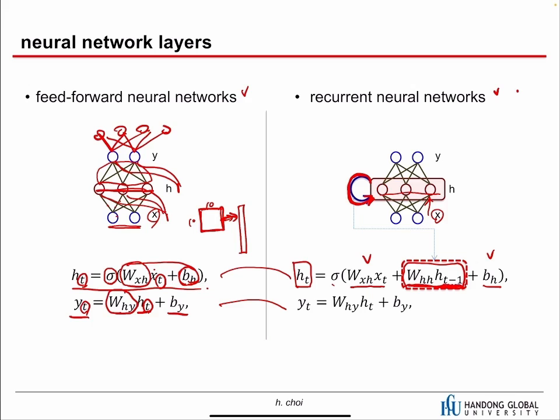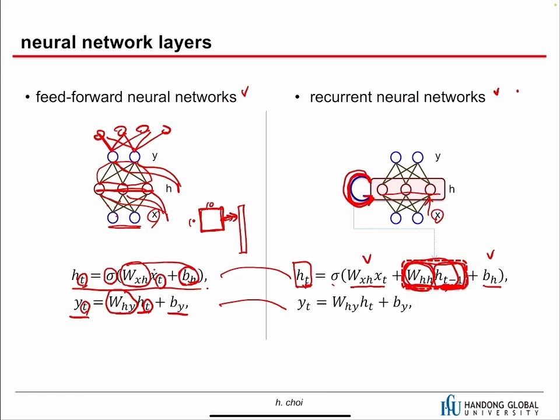So by this t minus 1, t means something. Again, by this term, now the recurrent neural network can have a memory. By definition, this W sub HH is a square matrix because we have the same dimension. So by this, now recurrent neural networks can memorize something as much as we need.